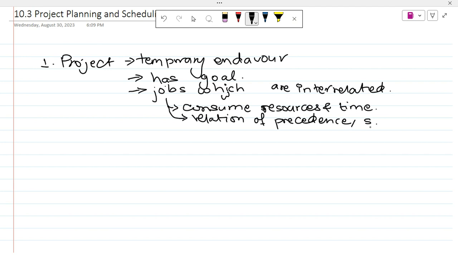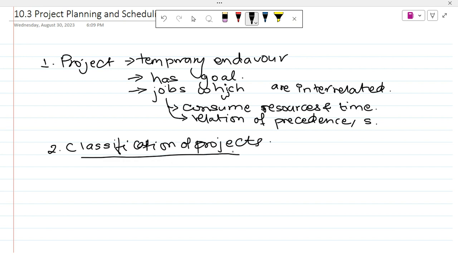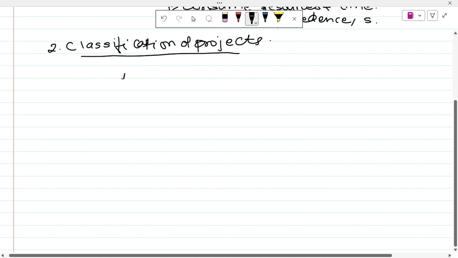Now, let us go into the variety of projects, or classification of projects. There are different kinds of projects.